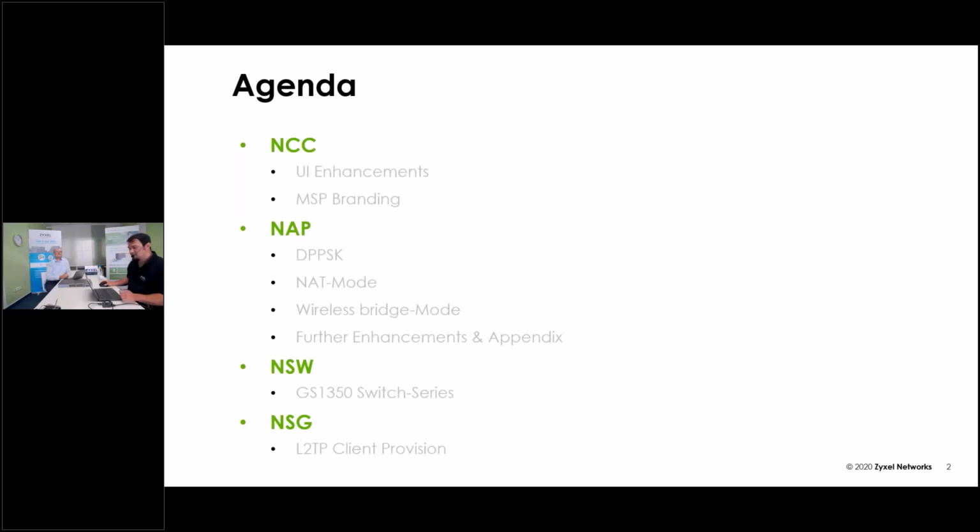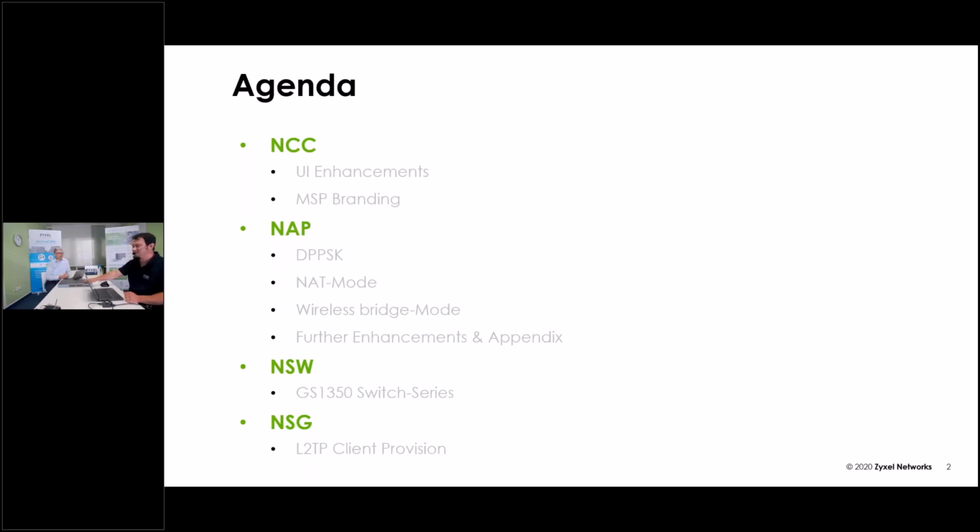Following the agenda, in the NCC, we have certain user interface enhancements, as well as some changes in the MSP branding setup. In the Nebula Access Points, we're going to talk about dynamic personal pre-shared keys, DP-PSK, NAT mode, wireless bridge mode, and further enhancements. In the NSW, we're going to take a quick look at the GS1350 switch series, which are newly brought out devices.